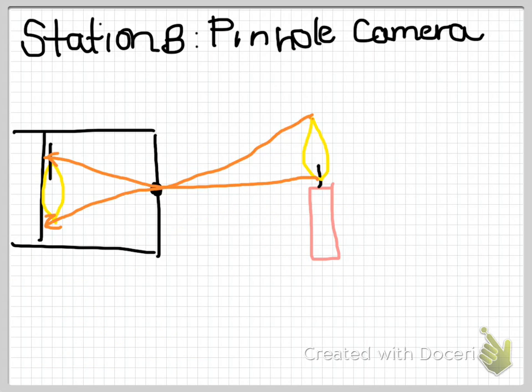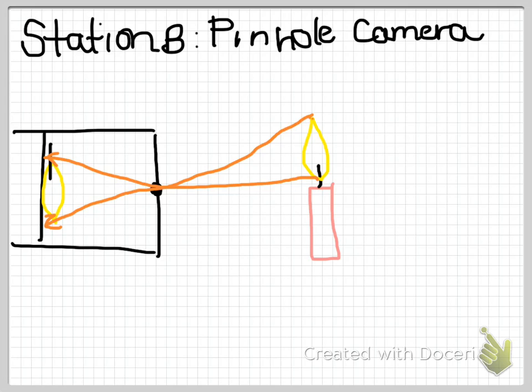The second station was station B, the pinhole camera. So you'll see my poorly drawn pinhole camera and my candle, and what I did is I drew a ray diagram, again starting on the top, taking a ray from the top and extending it through that pinhole and onto the screen.